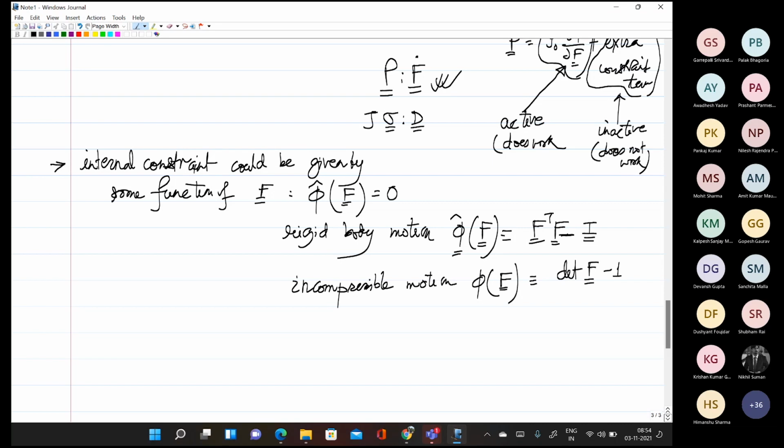The formula of phi of F is det F minus 1, and that has to be equal to 0. That's the constraint for incompressibility, isn't it?